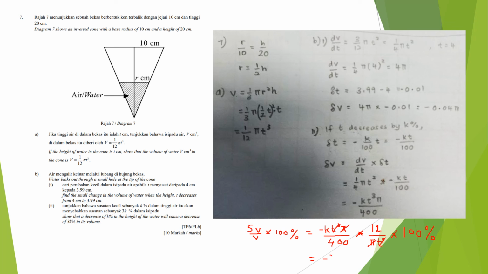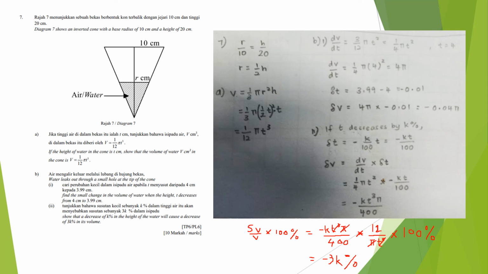So from here you must write the conclusion. You will get negative 3k, so the water will cause a decrease of 3k%. Since here we have 100%, you can write negative 3k%.